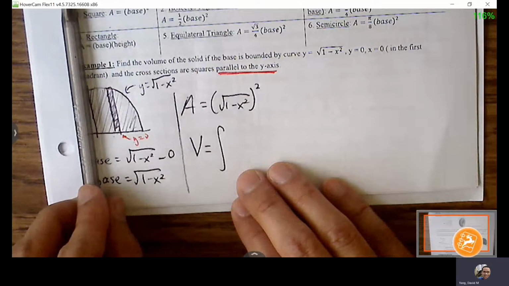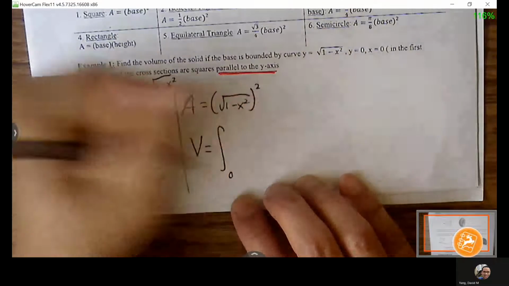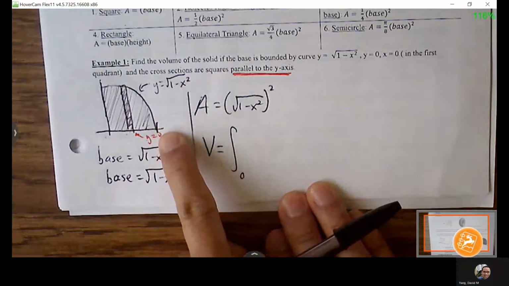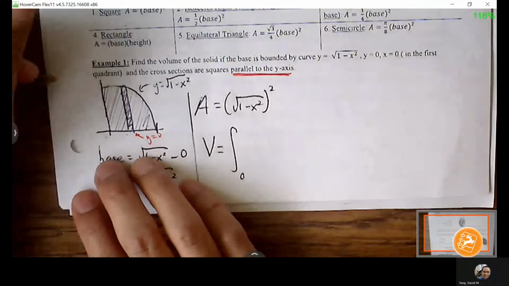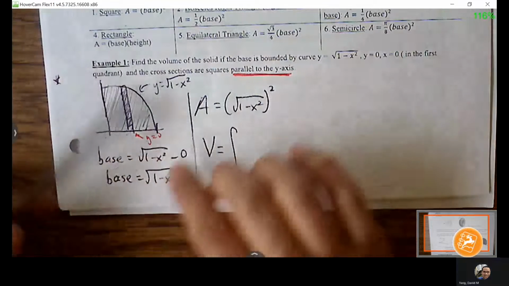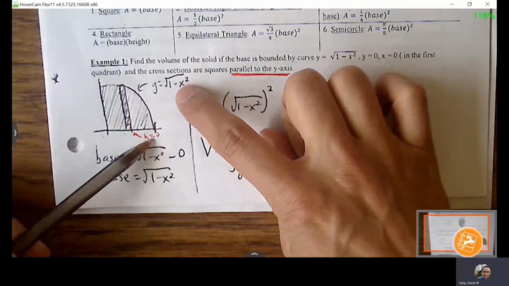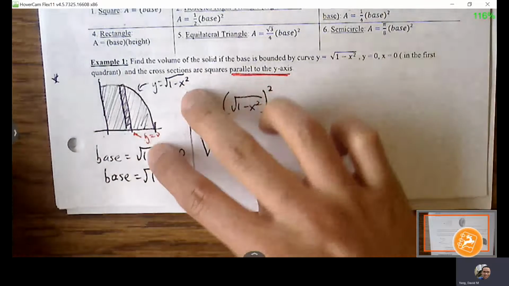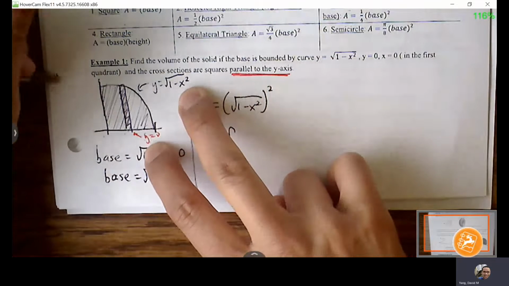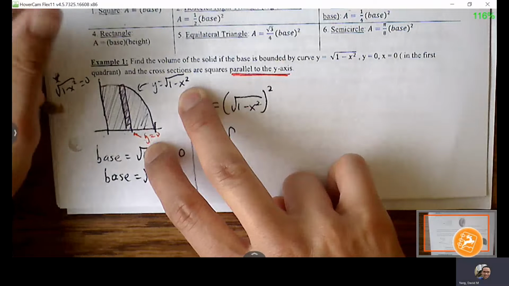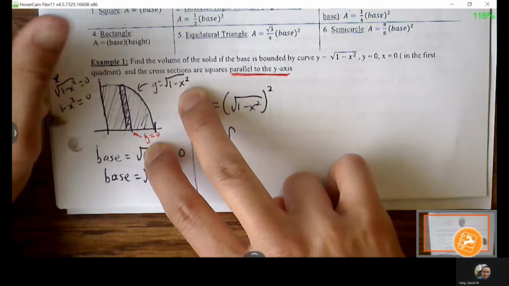So this is x value of 0. What's the x value here? Okay, we can use our graphing calculator, or we can solve this out by hand, right? This is just the intersection of the curve and the x-axis. If I set them equal to each other, right, square both sides.